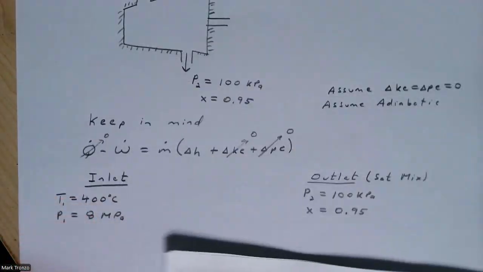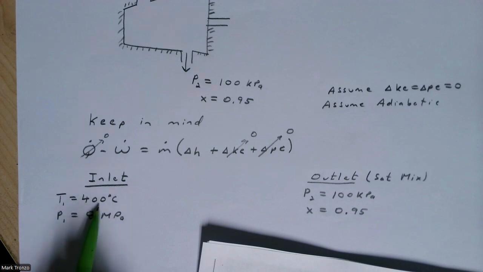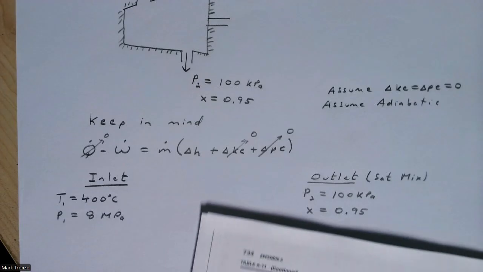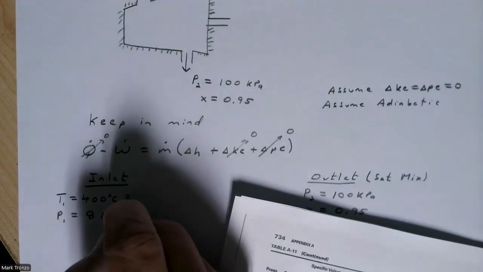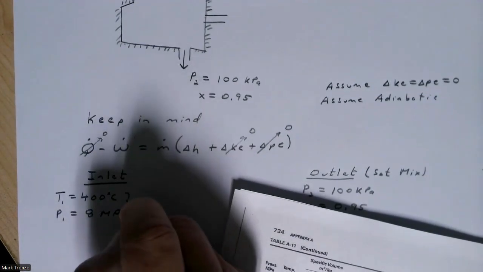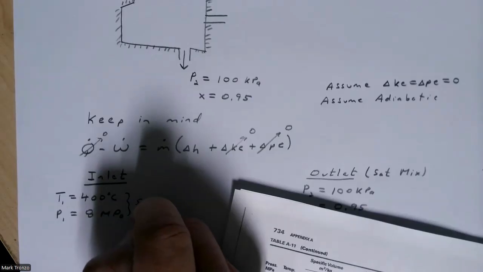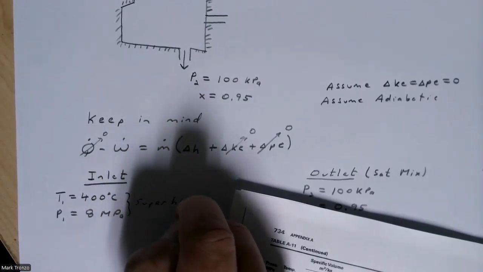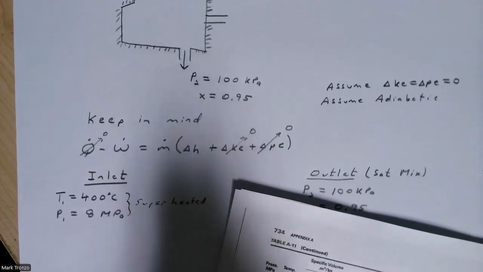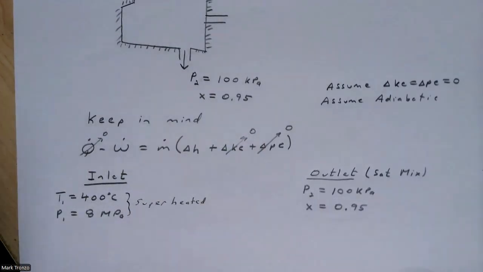Our temperature is 400, above the saturation temperature. So that means it must be superheated. And so let's go to that table.